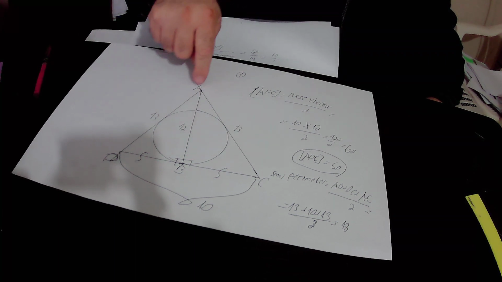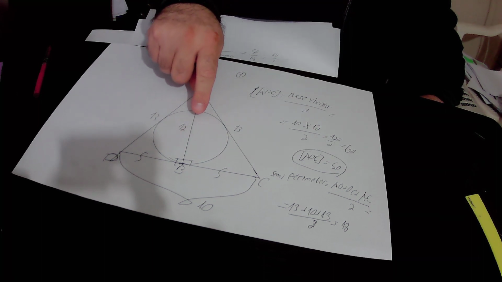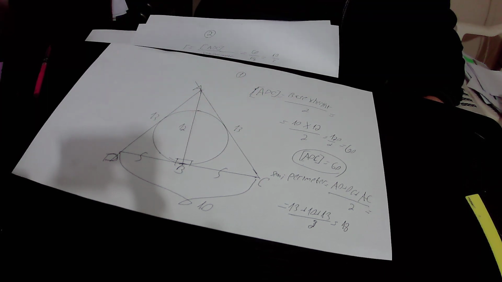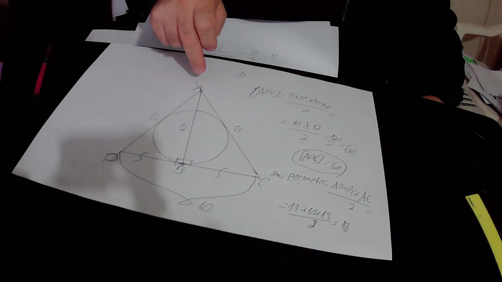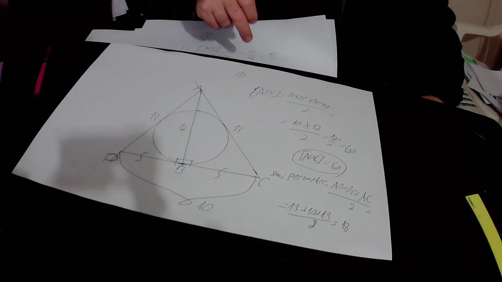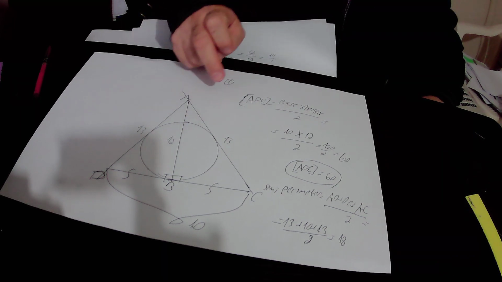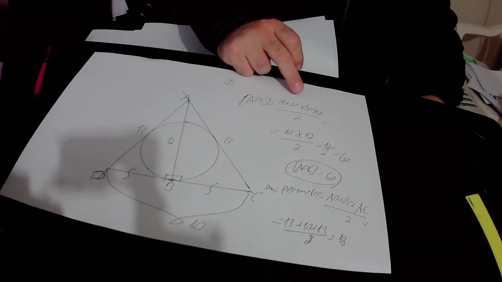So actually AB is the height to the base of triangle ADC. We have the base that is BC, the height is AB. So we can calculate the area of triangle ADC. The area of a triangle is the base times the height over 2.